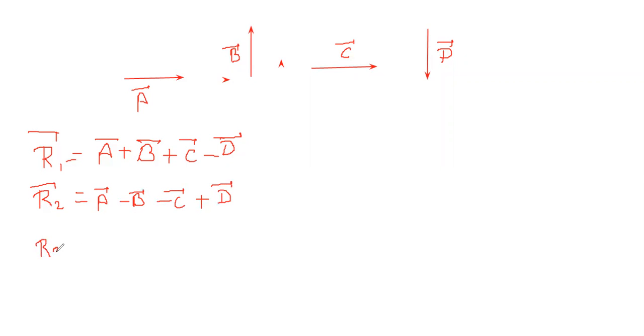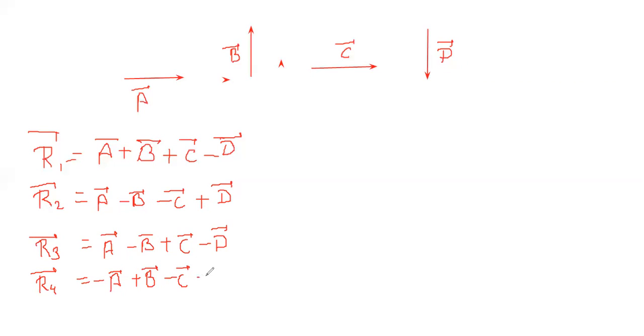R3 vector equals A minus B plus C minus D. And R4 vector is minus A vector plus B vector minus C vector minus D vector. So this is the condition for R1, R2, R3 and R4.